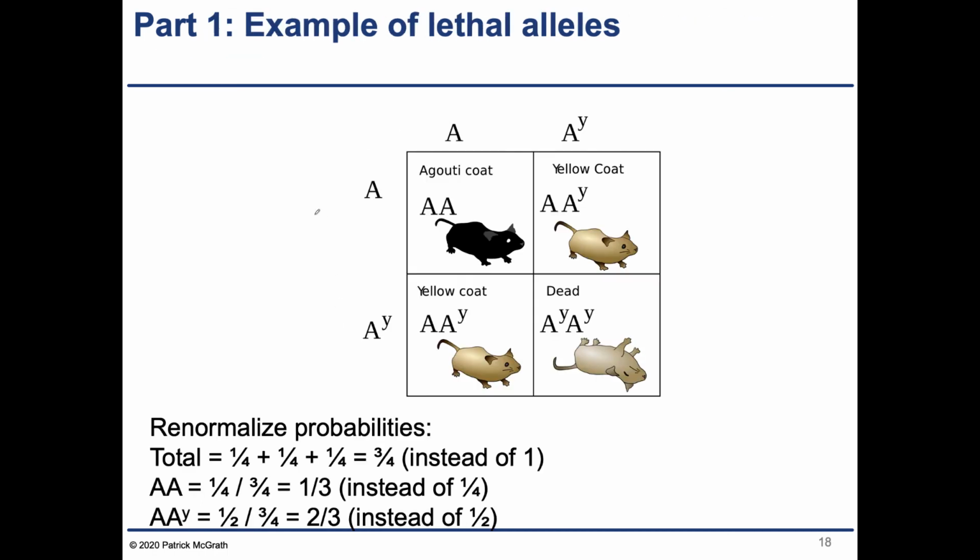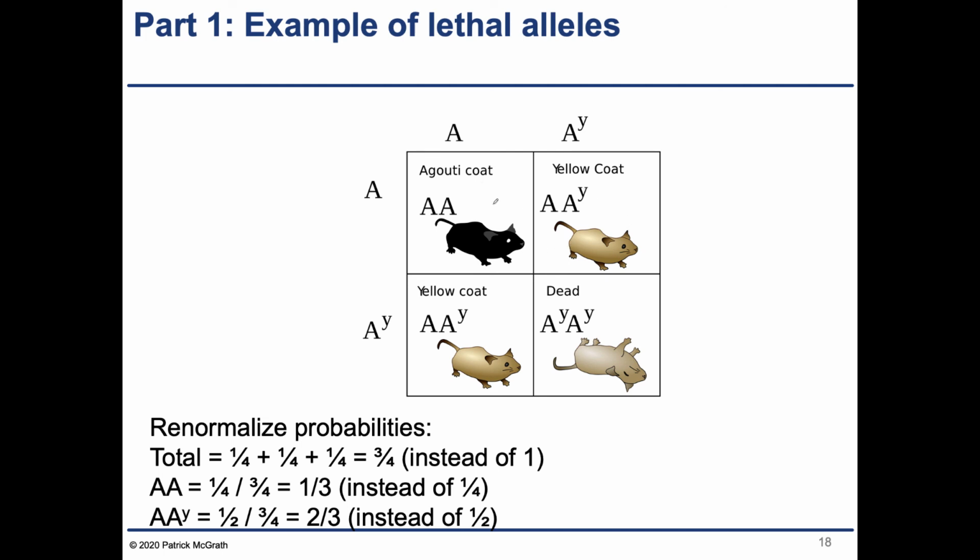All right, the final thing that we are going to cover for these alleles are lethal alleles. This is the situation where certain genotypes actually result in dead organisms. This was discovered in agouti versus yellow coat mice.